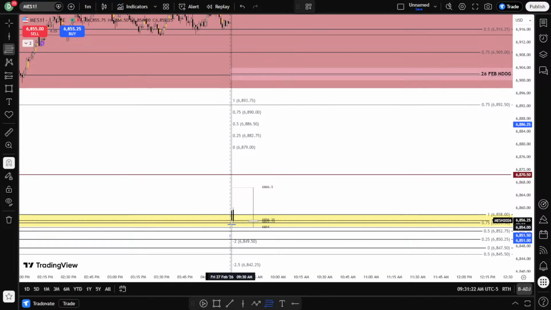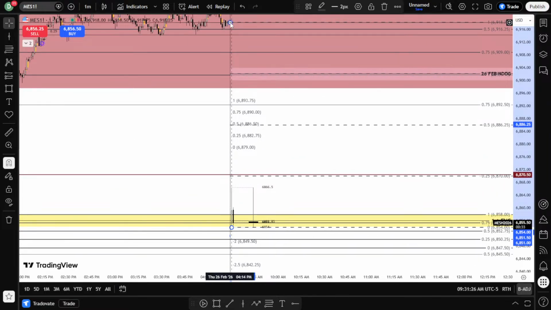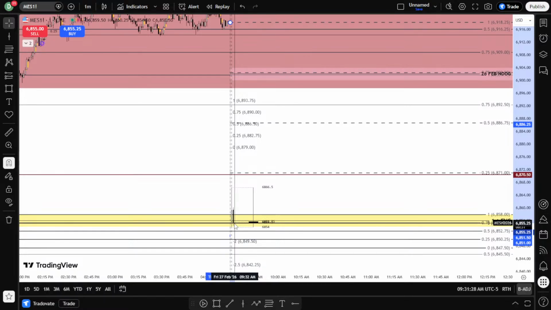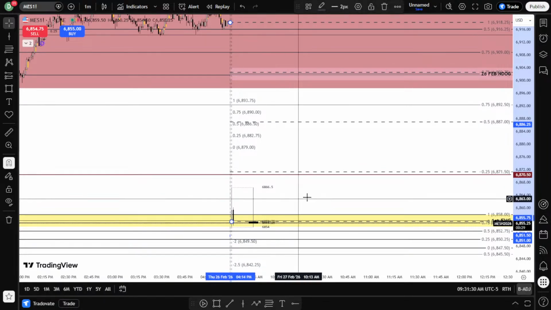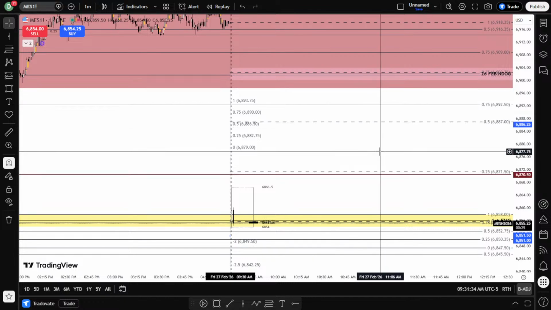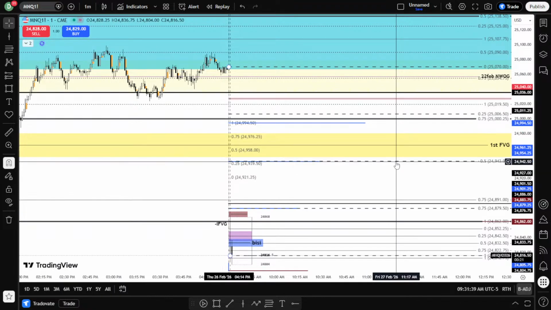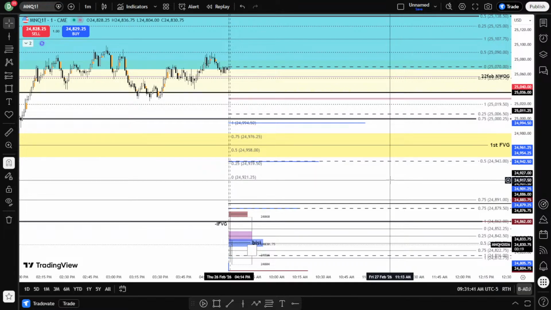We open right here. This is the midpoint for ES and this is the midpoint for Nasdaq.